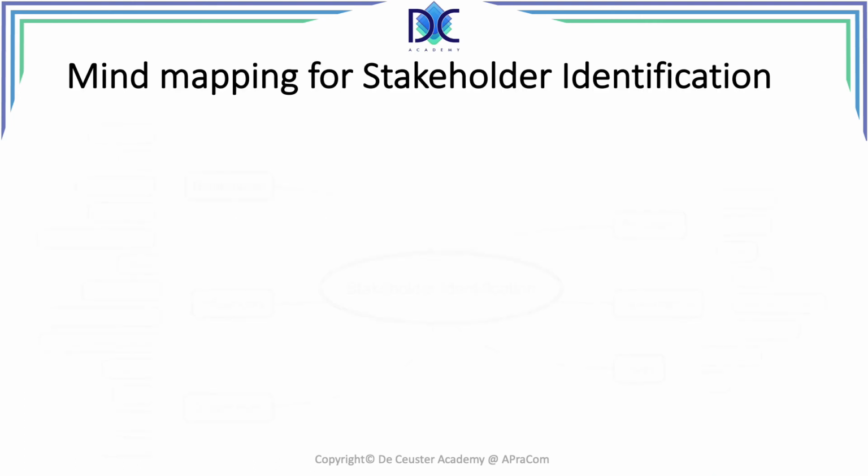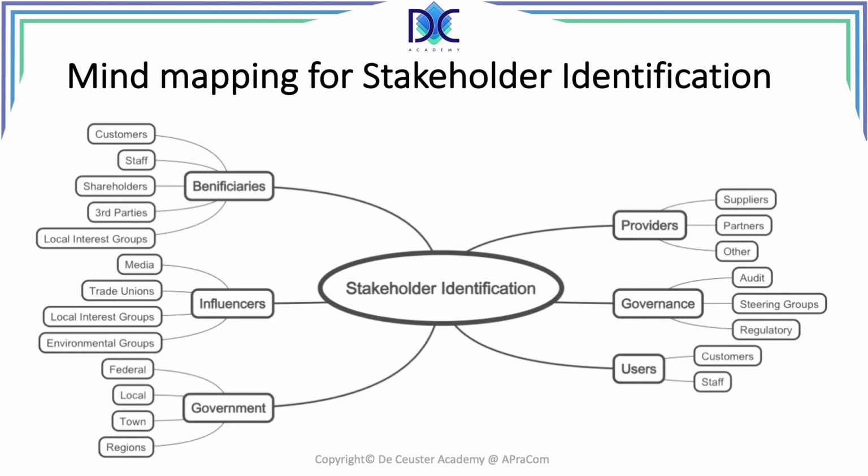Another thing related with the charter is stakeholder identification. And here you see a mind map. In the center, stakeholder identification. We look at different categories: beneficiaries, influencers, government, providers, governance, users, and you can start with creating a mind map which is general for all your projects.